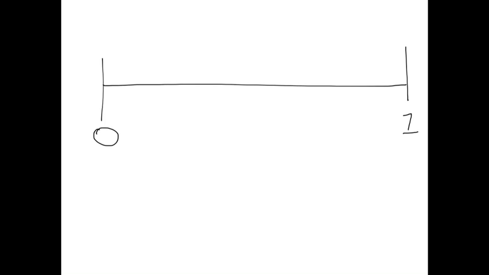Remember that if we have a number line between 0 and 1, if we're talking about tenths, we'll divide this number line into 10 parts. This is 0.1, 0.2, 0.3, 0.4, 0.5, 0.6, 0.7, 0.8, 0.9, and this is 0.10 or 1.